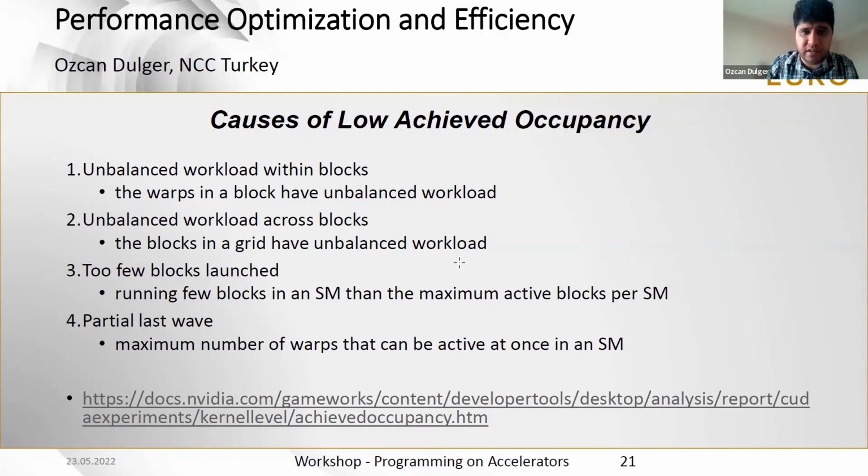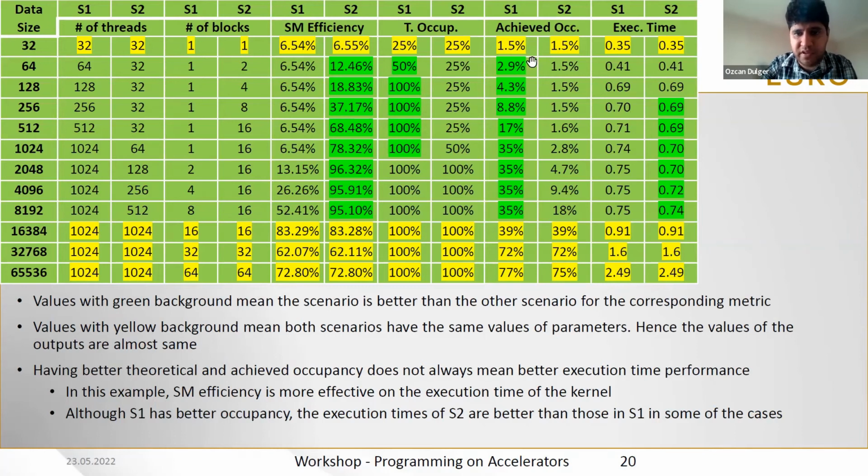Another issue here, as you see, is that the achieved occupancy is lower than the theoretical occupancy. We know that achieved occupancy cannot exceed the theoretical occupancy, but here it is lower.